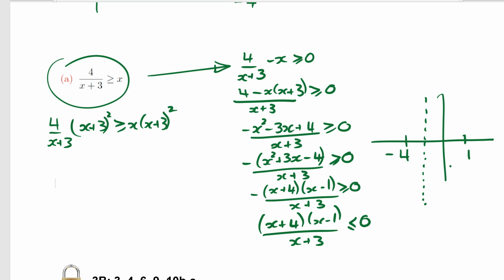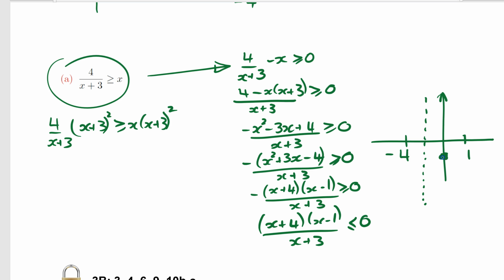So when x equals 0, I'll have plus 4 times minus 1, so it's a negative over a positive, so that's a negative. So between the discontinuity and the point where it cuts the y-axis is negative.